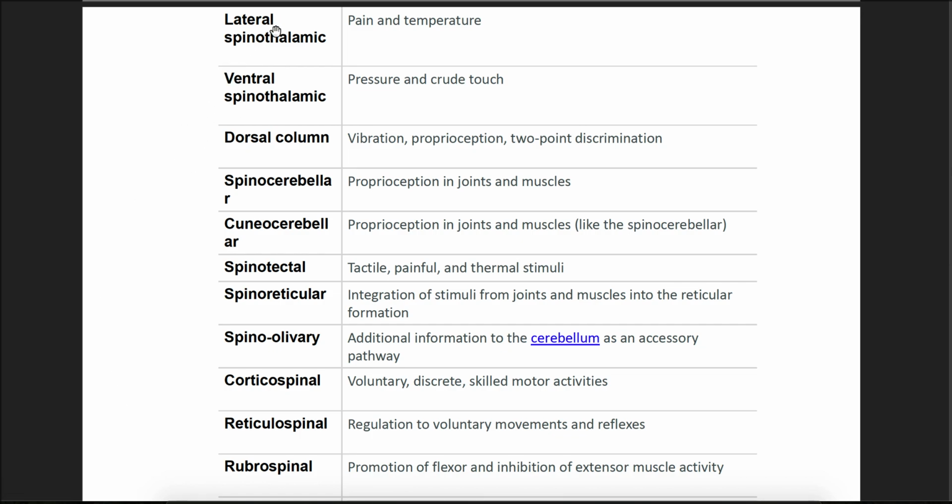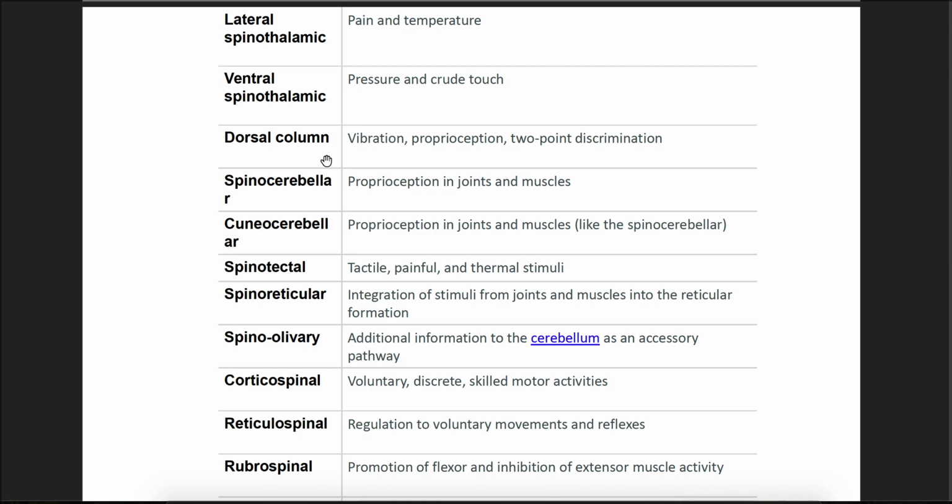Lateral spinothalamic, both anterior and lateral. Lateral spinothalamic is concerned with pain and temperature. Ventral or anterior spinothalamic has more to do with touch. This is actually light touch, pain and temperature. This is pressure and crude touch.